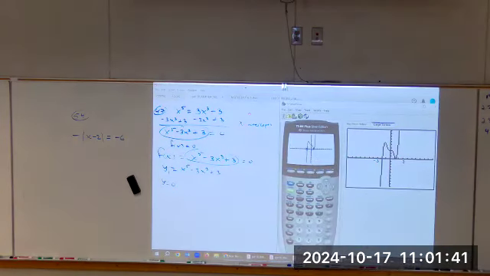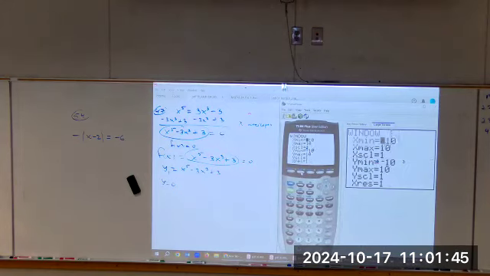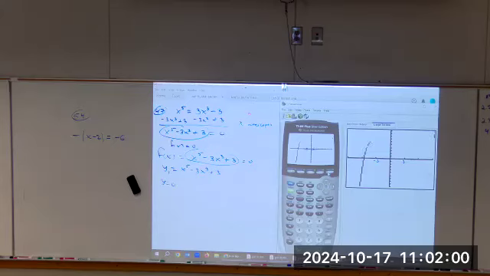So my x minimum and x maximum, I'm going to change it to negative 3 to positive 3. Okay. Now I'm going to look at my graph. Because all I care about are the x-intercepts.